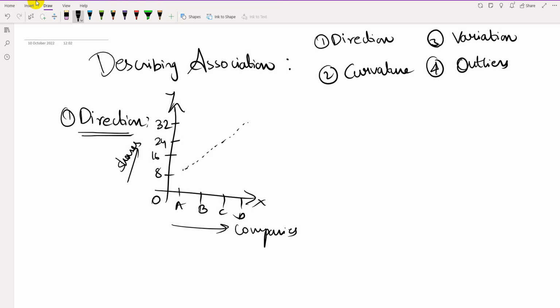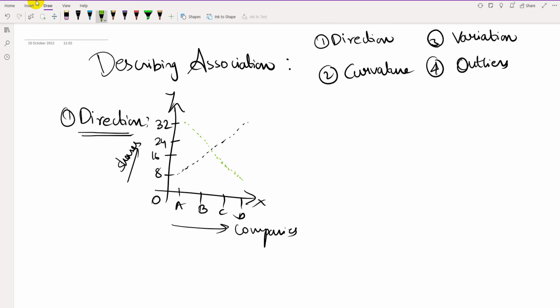If this is the direction, we could see that there is an upward direction. If suppose we could see that this is the direction, we can say that this is the downward direction. So this is an increasing direction, this is a decreasing direction.